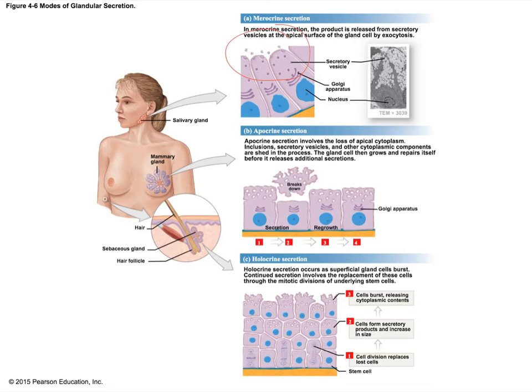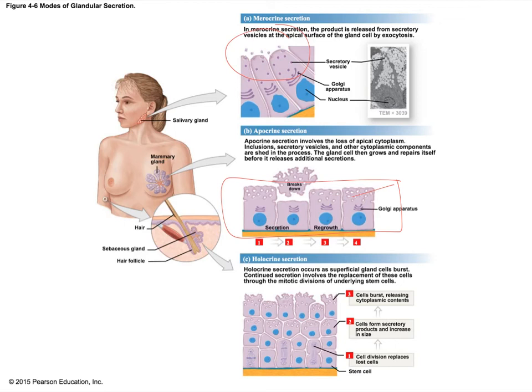That looks like saliva in the salivary gland. And then apocrine secretion, you have the mammary gland here, so you have the cells in the mammary glands, and they're going to secrete the cytoplasm.